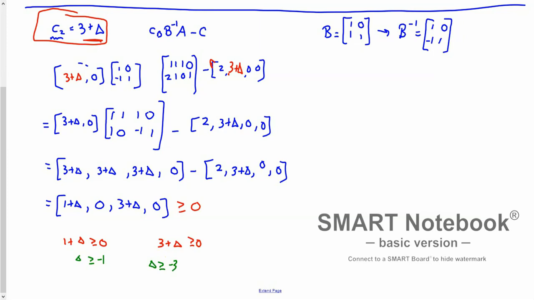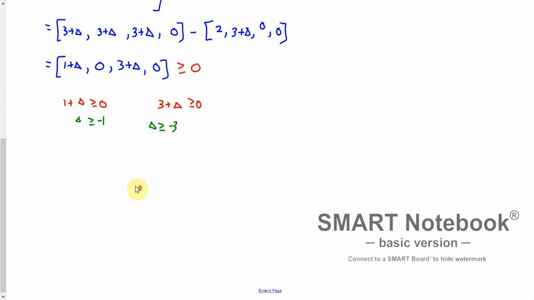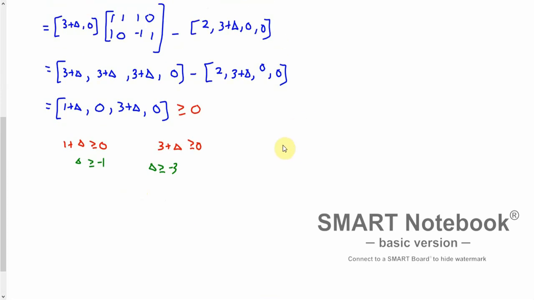Now, I have to take the one that is most restrictive, okay? I have to take the one that will give me the smallest delta, because if I were to put these on a number line and think about it, here's the idea. So here's 0, here's -1, here's -3. I need delta to be greater than or equal to -1 and greater than or equal to -3.